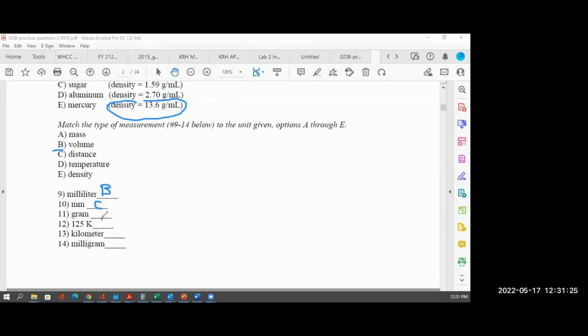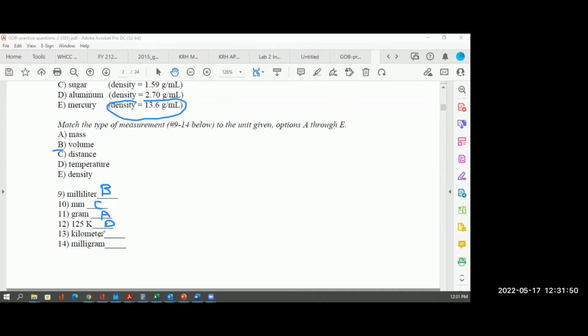It'd be mass, right? We weigh things in grams, right? Think about that piece of meat that you're going to cook, you weigh it in grams, right? What about 125 Kelvin? Temperature. Temperature, that's right. So that's B.